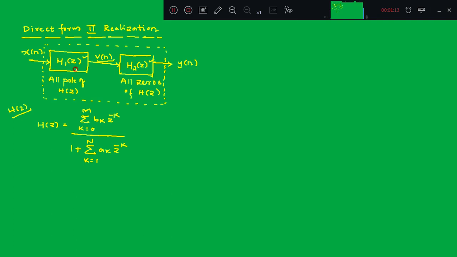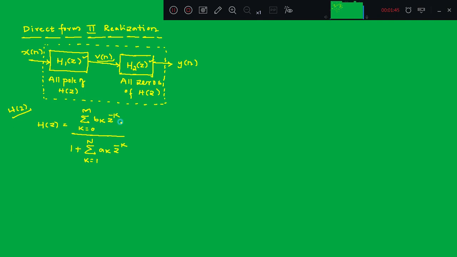and this H1(z) consists of all poles, it is the all-pole filter of H(z), and this one is all zeros of H(z), meaning it is an all-zero filter, right? And again, as we know, the transfer function of an IIR filter is given by H(z) in terms of numerator and denominator polynomial, right?